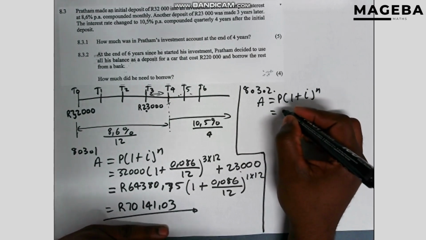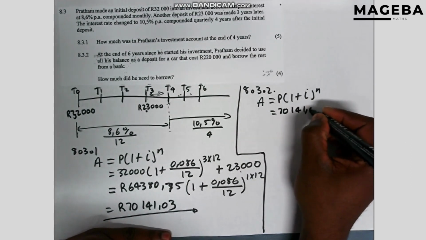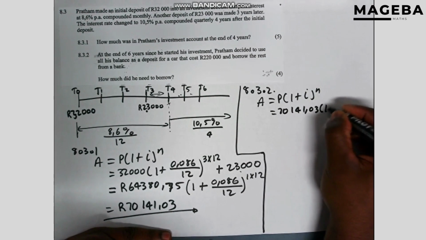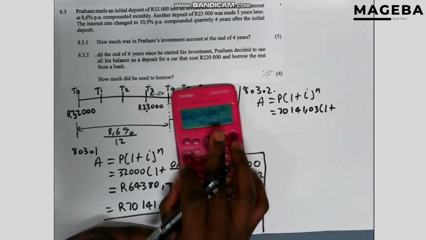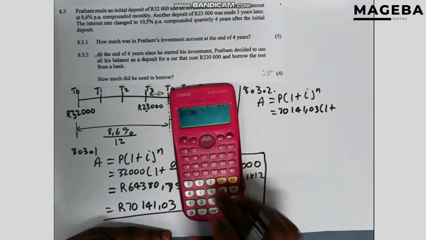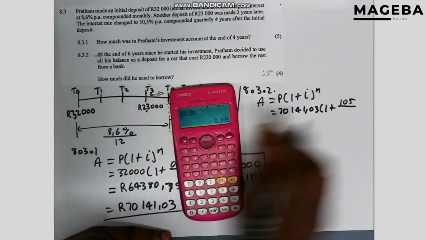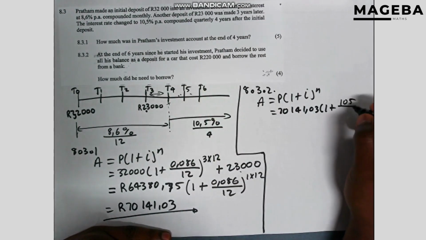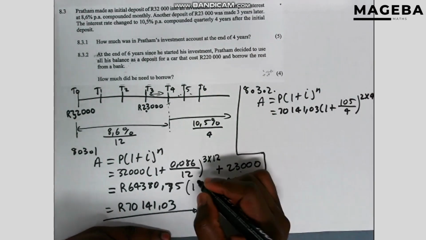Remember, the interest rate changes after 4 years. So we have this amount here, which is 78,141.03 into 1 plus the interest rate. It changes, so now it's 10.5%, which is 0.105. Now it's compounded quarterly, so now it's 4. Now it's 2 years, then it's 2 times 4.